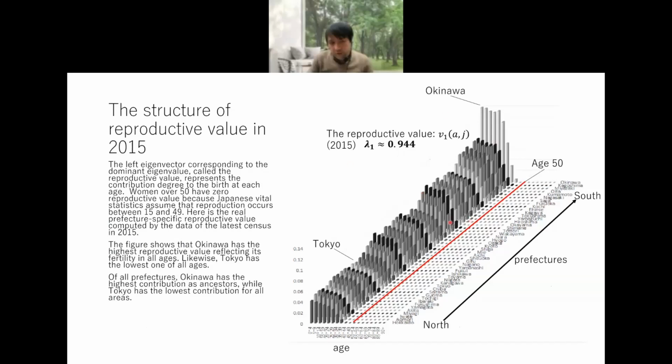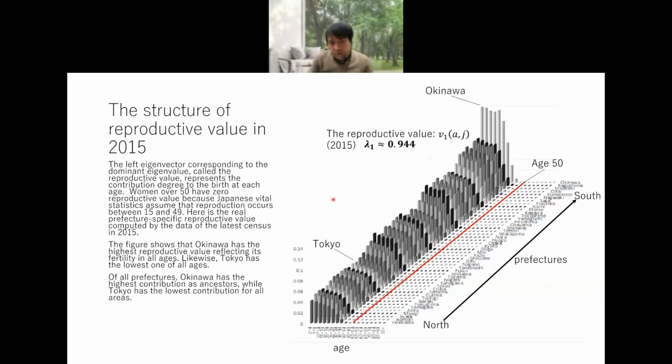Sorry, this one is the left eigenvector. The left eigenvector corresponding to the dominant eigenvalue, called reproductive value, represents the contribution degree to births at each age. This figure shows a woman over 50 has zero reproductive value because Japanese vital statistics assume that reproduction occurs between 15 and 49 years old.